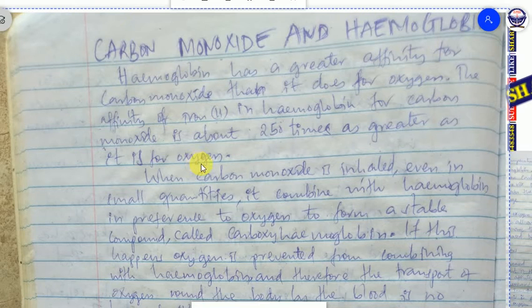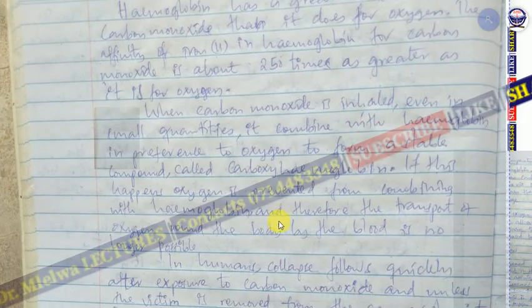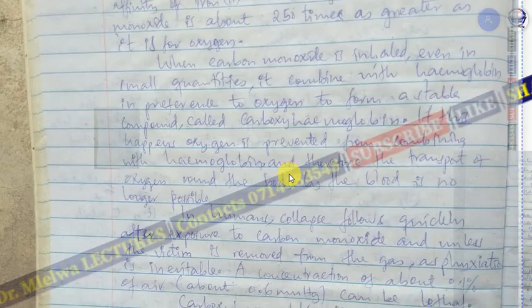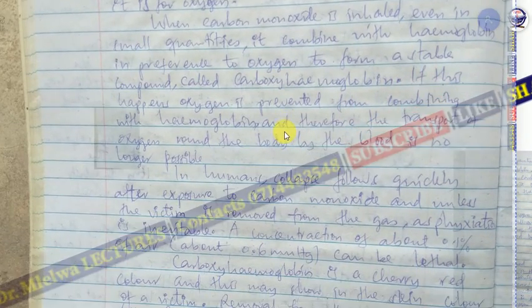Now, when carbon monoxide is inhaled, even in small quantities, it combines with hemoglobin in preference to oxygen to form a stable compound called carboxyhemoglobin. If this happens, oxygen is prevented from combining with the hemoglobin, and therefore the transport of oxygen around the body by blood is no longer possible.